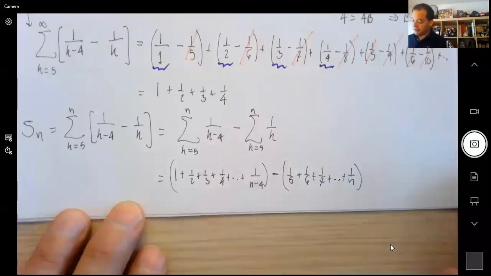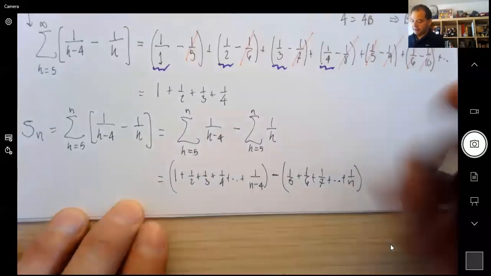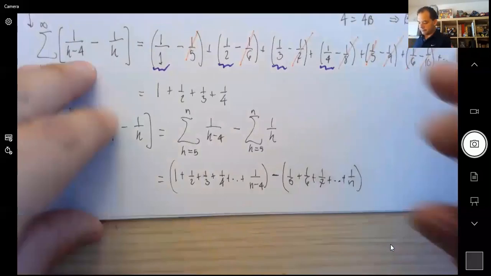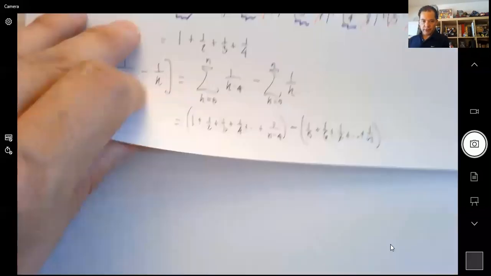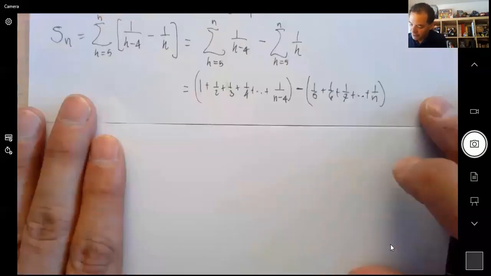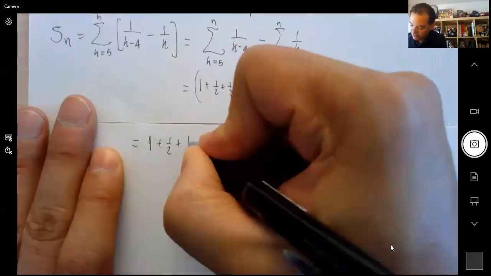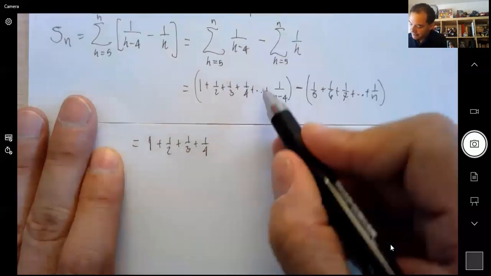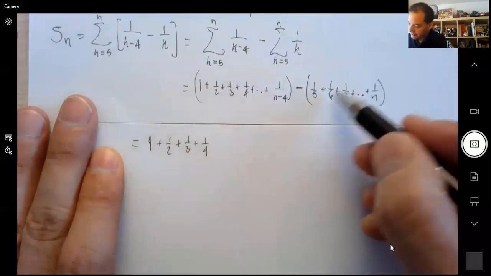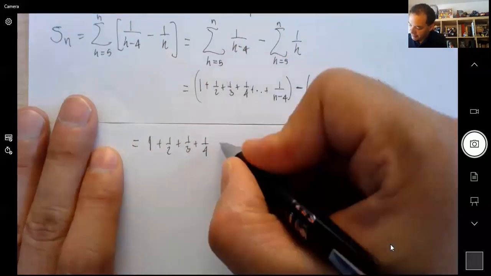So the partial sum is going to look like 1 plus 1/2 plus 1/3 plus 1/4. Everything else after that is going to cancel with these ones. And then I have the last few terms.